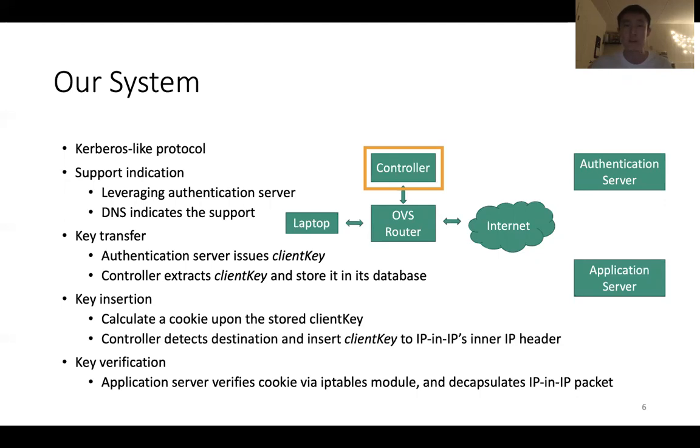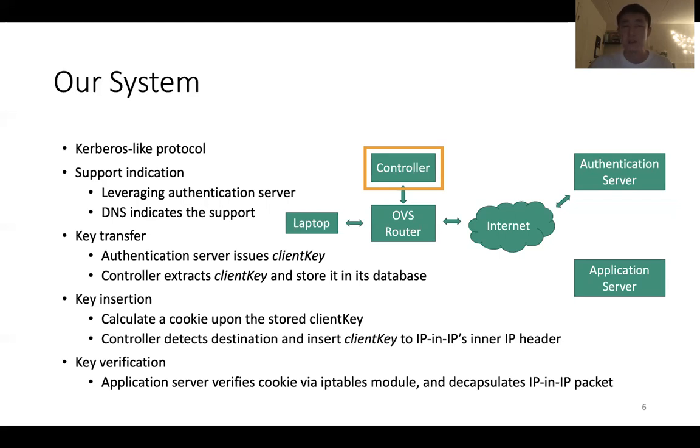The controller encapsulates the packet into IP-in-IP, and the authentication server sees it and learns that the client supports our protocol. Then it generates a client key, inserts it into the IP-in-IP packet, and sends it back. When the controller receives it, it extracts the client key, decapsulates the packet, stores the client key in its local database, and sends the packet out.